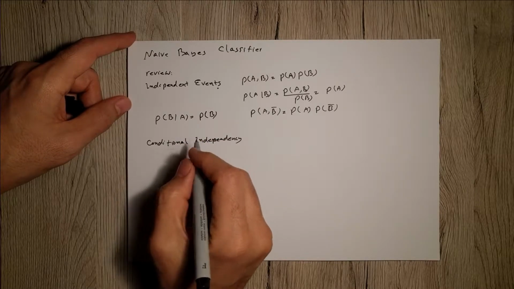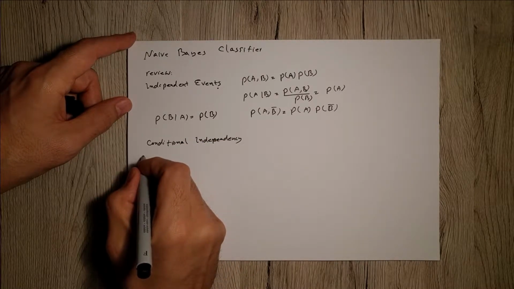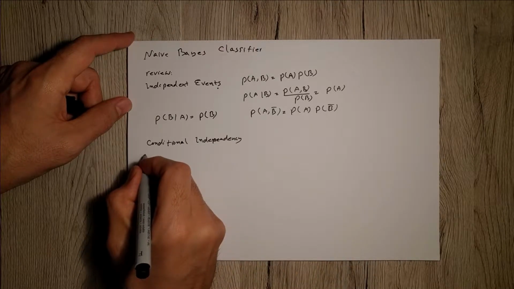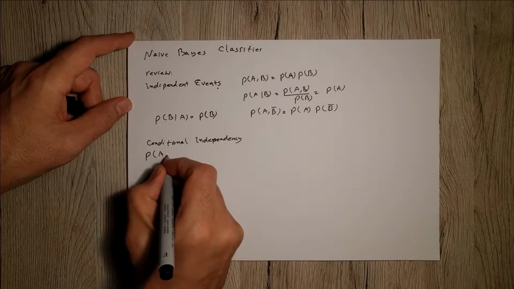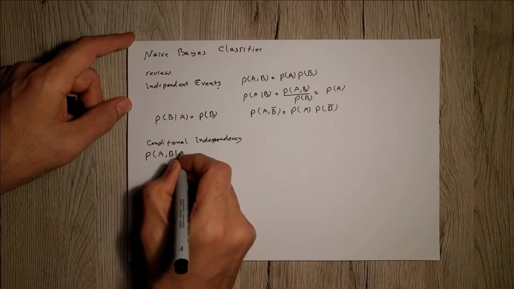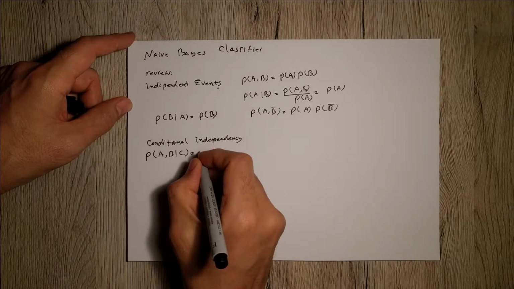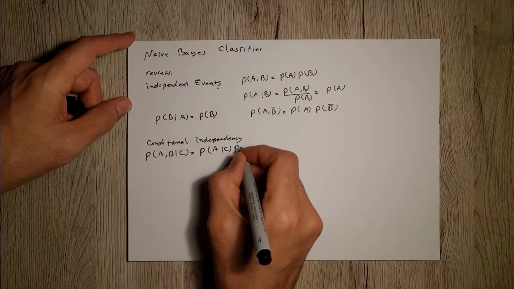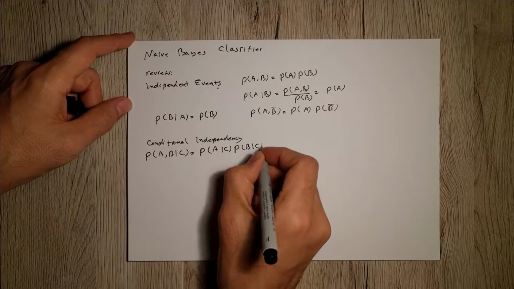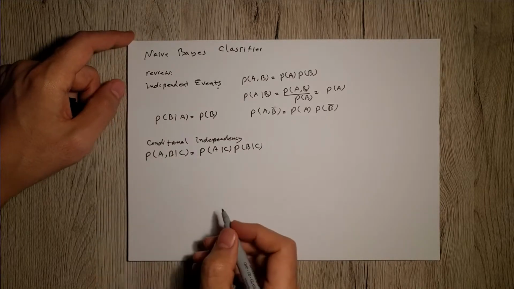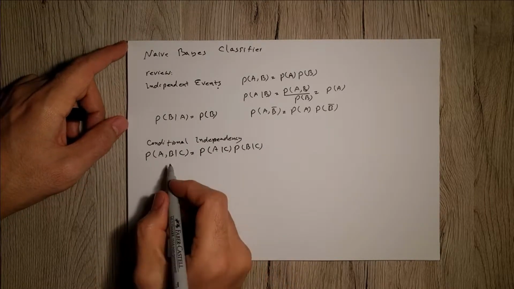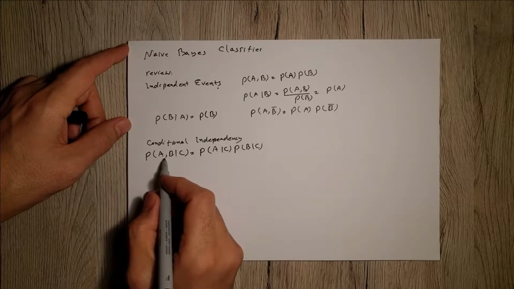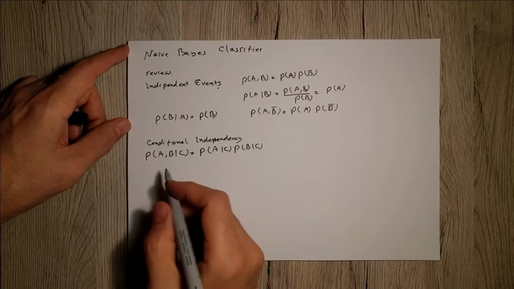If two events A and B are conditionally independent given C, then the joint probability of them is going to be probability of A given C multiplied by probability of B given C. And please note that A and B are conditionally independent given C. So A and B may not be independent, but in the presence of event C they are.